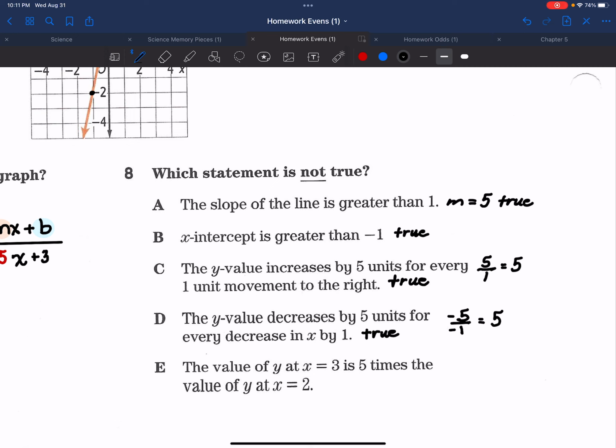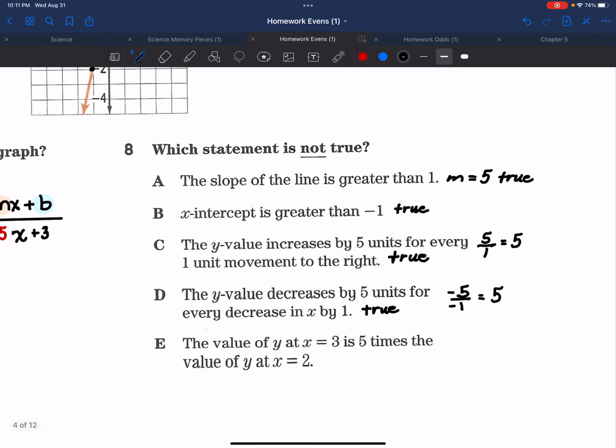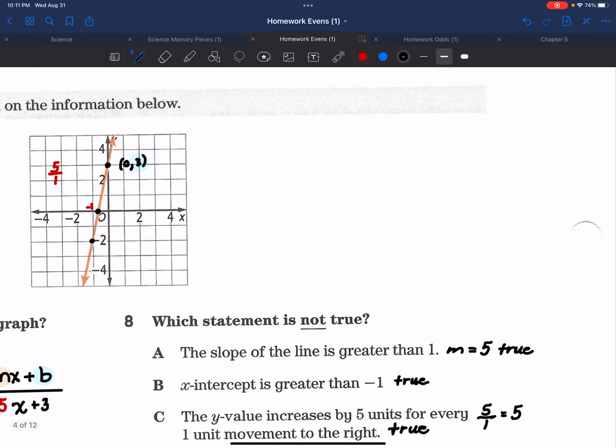The value of y at x equals 3 is 5 times the value of y at x equals 2. So let's see. The value of y at x equals 3. When x is 3, y is up here somewhere. We don't know.